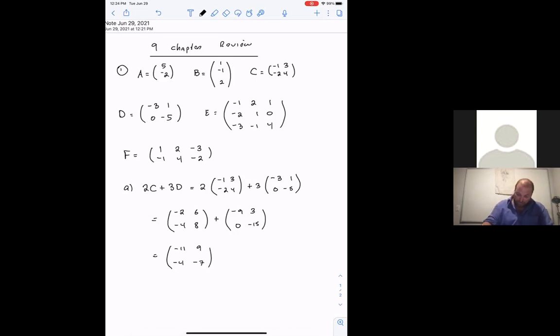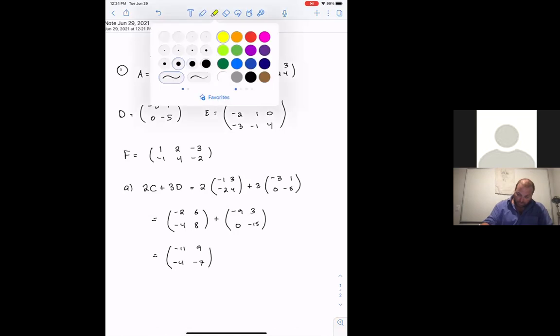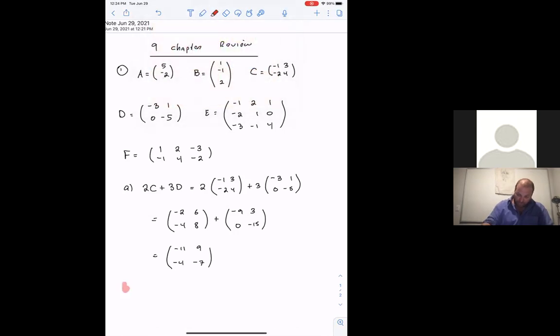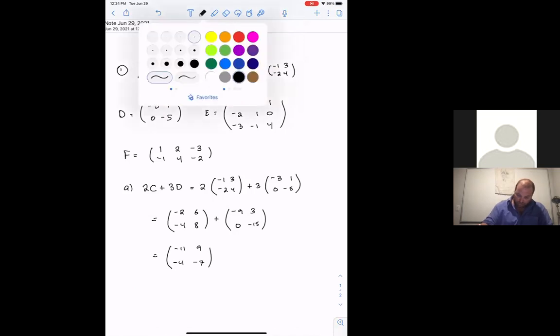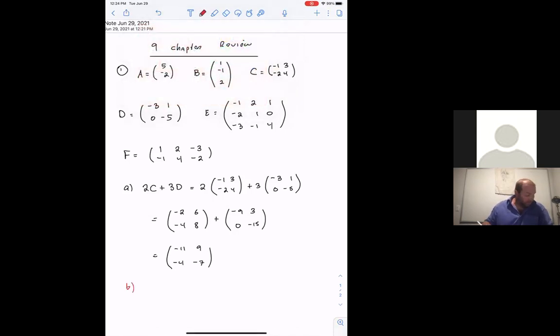Part B says A minus B. When you subtract matrices, they have to be the same order, so does not exist since different orders.